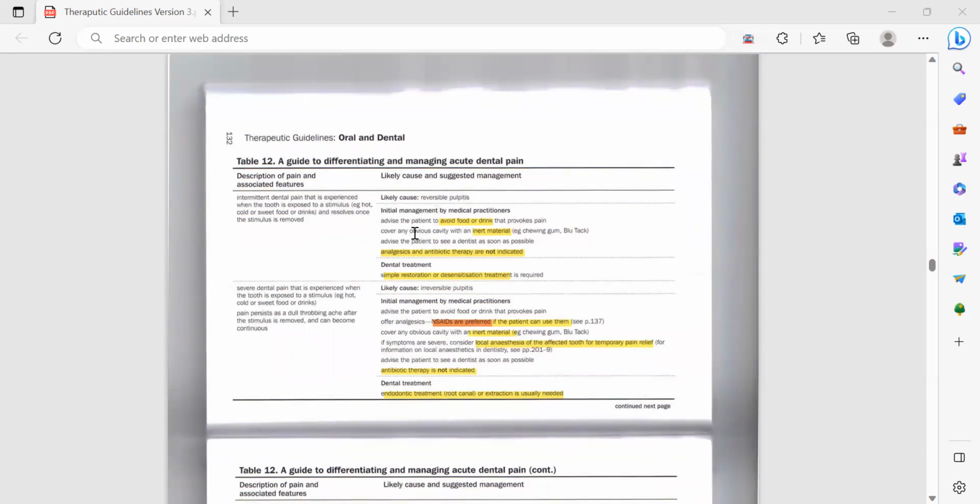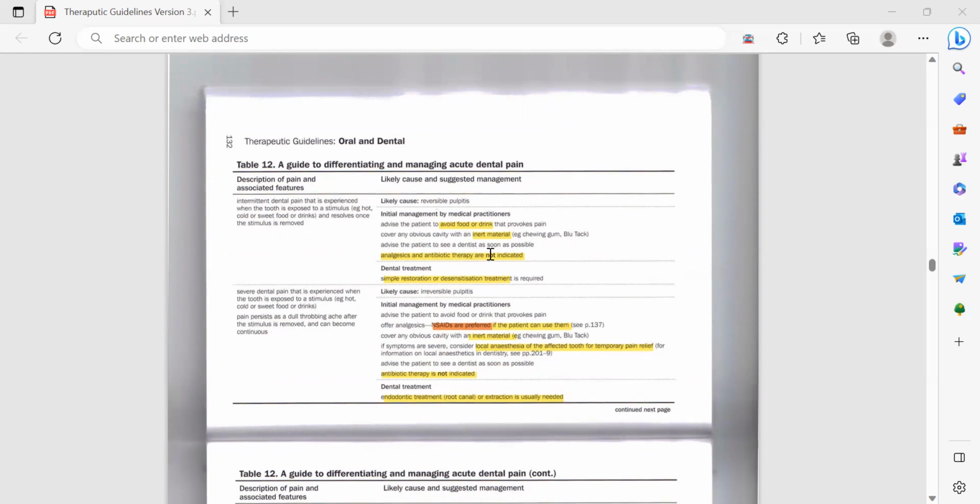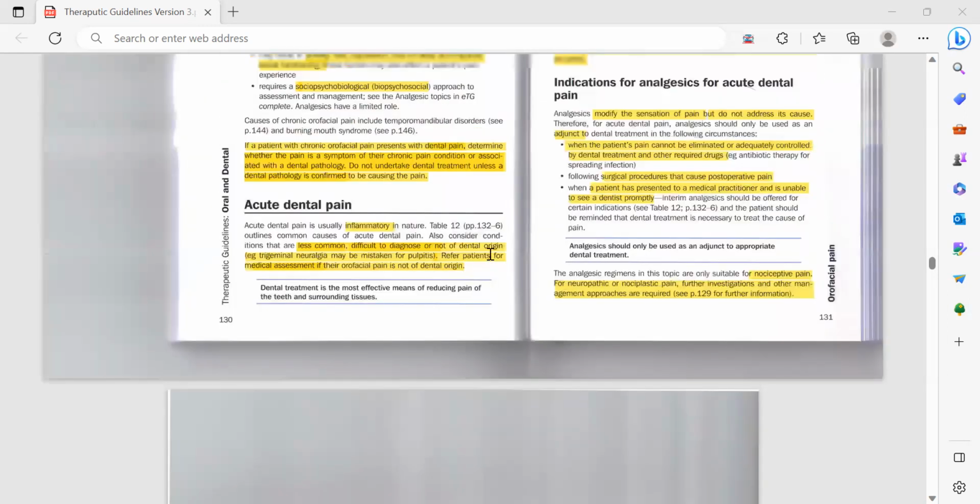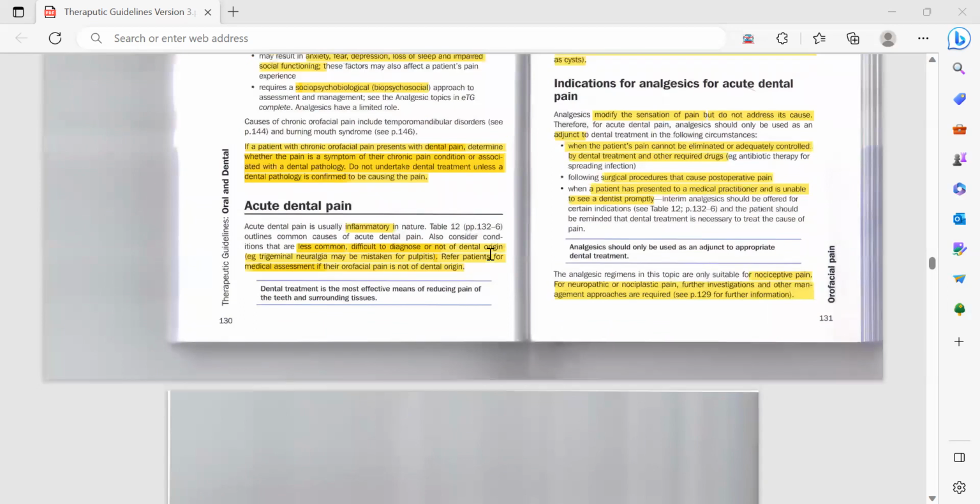For example, in reversible pulpitis, we are not prescribing the patient any analgesics. So there are certain circumstances where we need to prescribe them as an adjunct to dental treatment. First is always dental treatment.